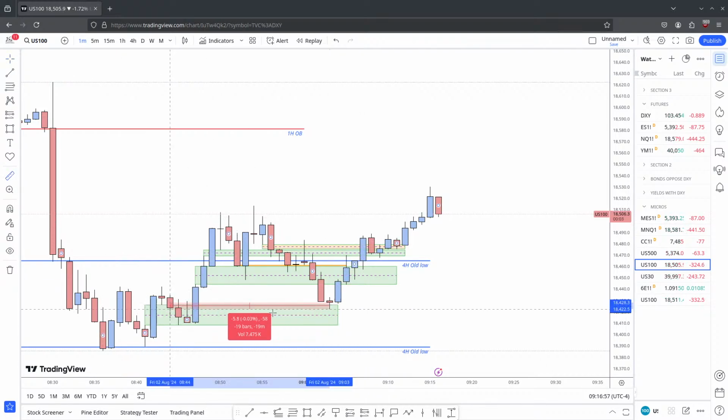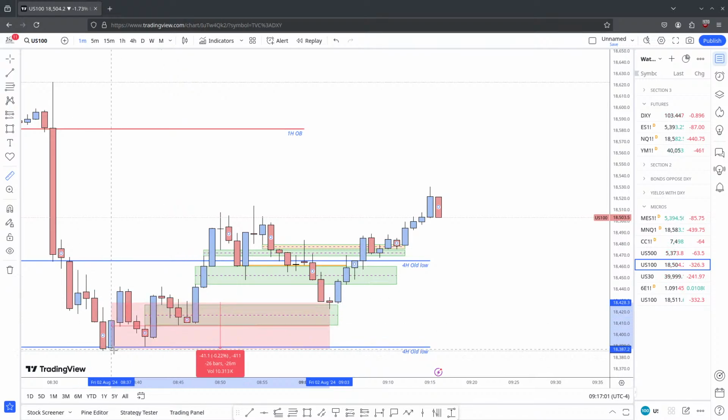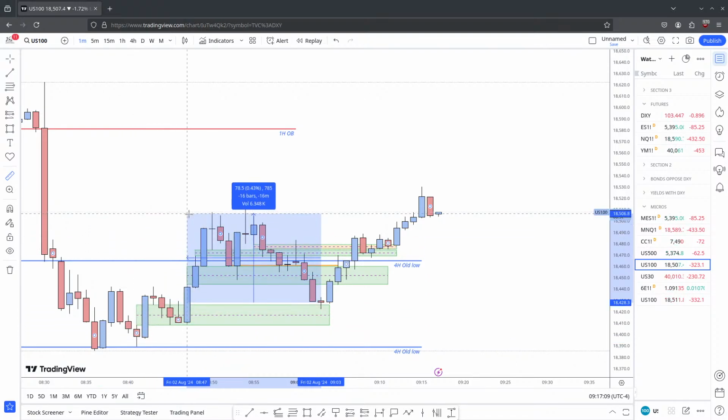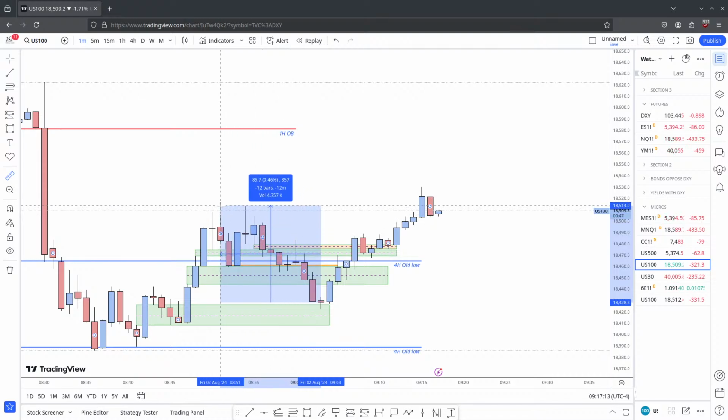And that will be something that if you took that, then you have the breaker block, fair value gap, order blocks. The stop would be below here for a 22%, which is quite a hefty stop. And then if you want to be 1 to 2, you're gonna be looking at a 44.